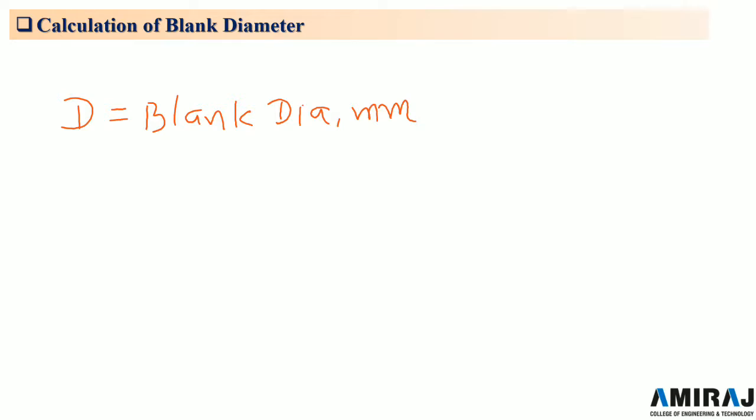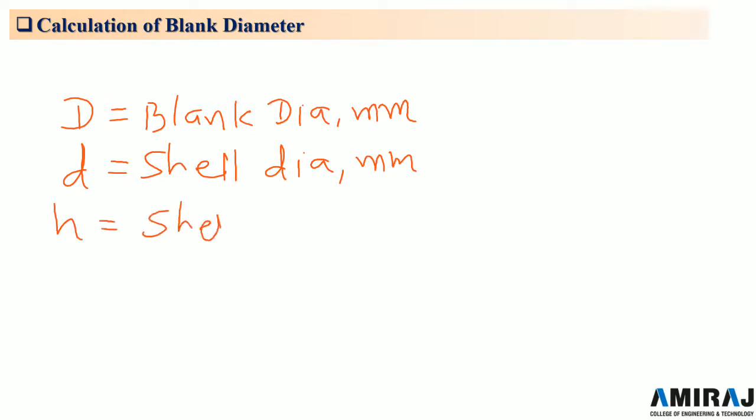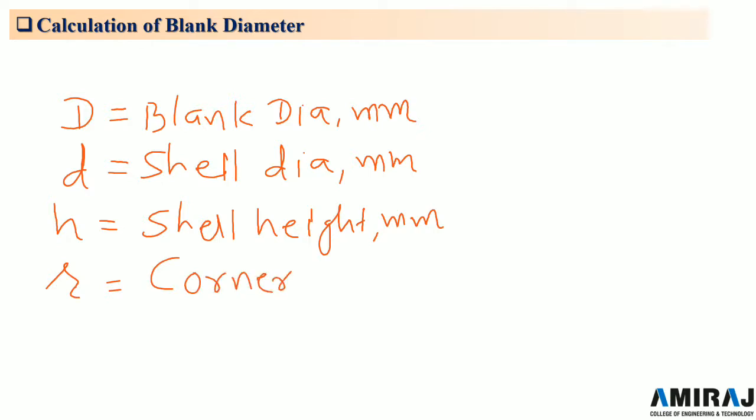Similarly, small d is the shell diameter, also in mm. Then small h is the shell height, also in mm. Then small r is the corner radius, also in mm.